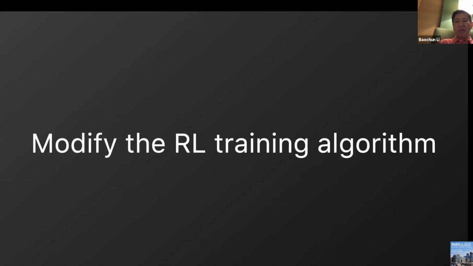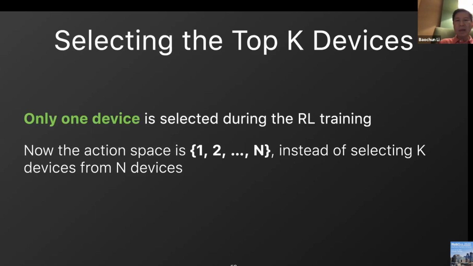So what we wanted to do is reduce that total number by modifying this action space, by selecting the top K devices, but only having one device in the RL training when we actually train and generate the reward.